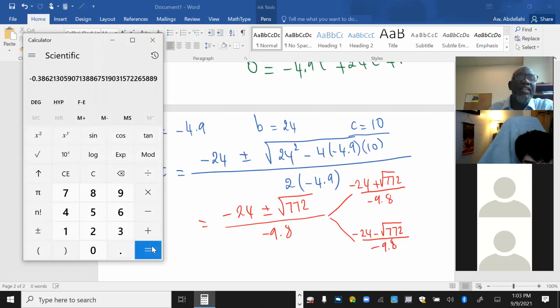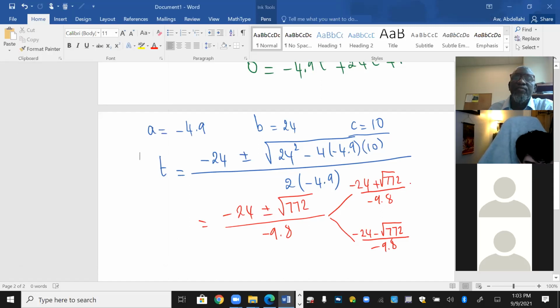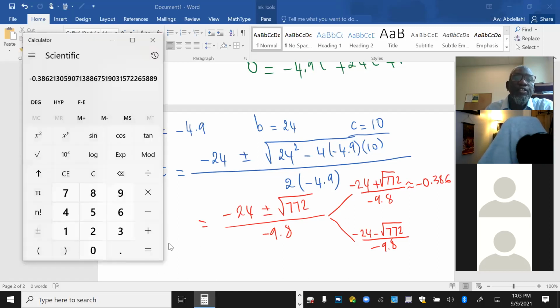So I get negative 0.386. The other one: negative 24 minus the square root of 772, equals, and then divided by negative 9.8 is 5.28.